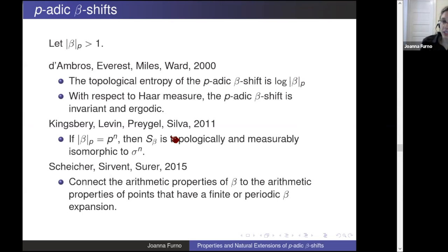And this is doing a similar sort of question, but for your p-adic beta expansions. When are you going to get, for example, your rational numbers all having a finite or periodic beta expansion? Are you allowing beta to be non-integer? Yes.